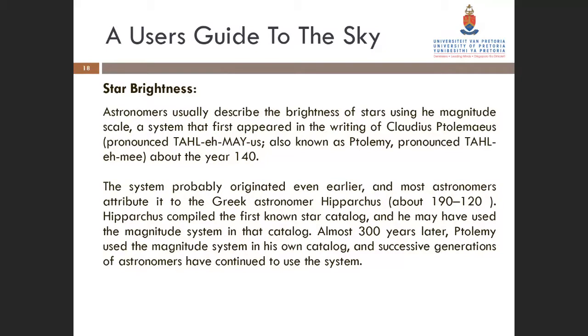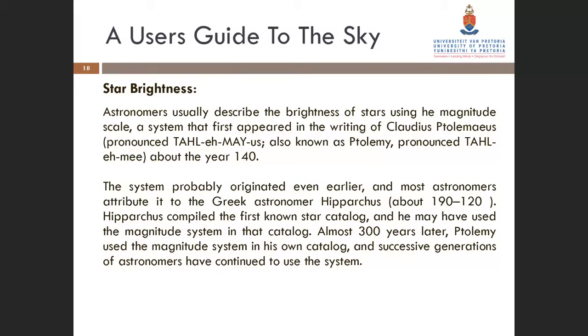So, star brightness. Astronomers usually describe the brightness of stars using the magnitude scale, a system that first appeared in the writings of Claudius Ptolemaeus, also known as Ptolemy, about the year 140.